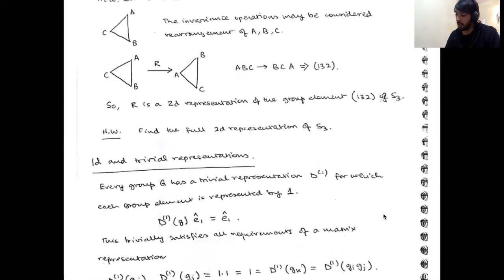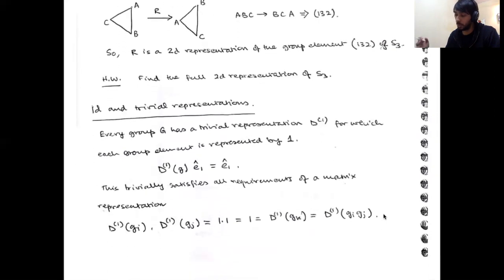All right. So moving on, let's learn a little bit more. For each group, there is a trivial representation D1. In this, every group element is represented by 1. This is trivial, and you would be able to see that it satisfies all the requirements of a matrix representation.